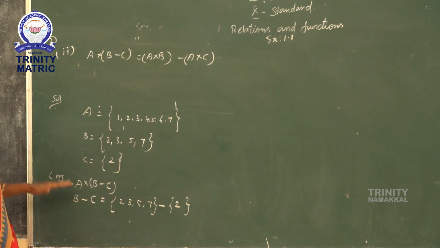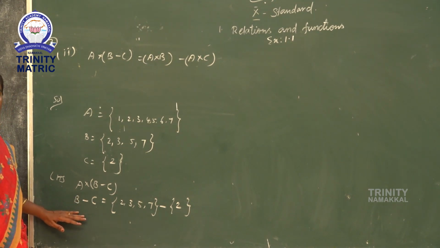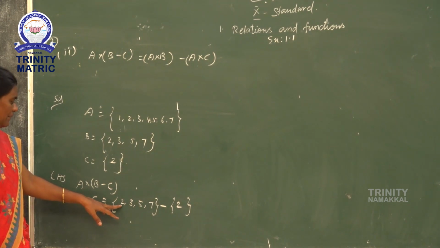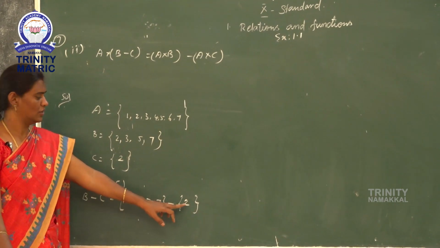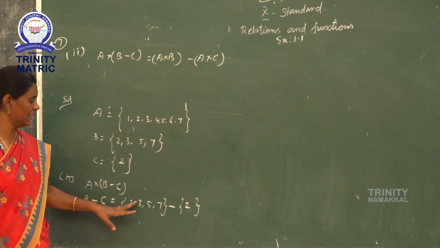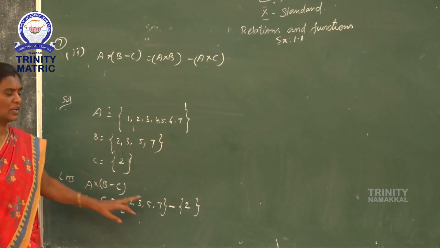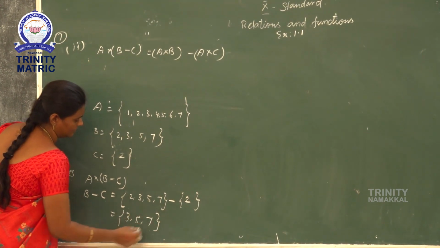B difference C means the elements only in the set B, not in C. See here, the element 2 in the set B is also in the set C, so we won't write 2. Other than 2, only 3, 5, 7 are in the set B. So we write 3, 5, 7.